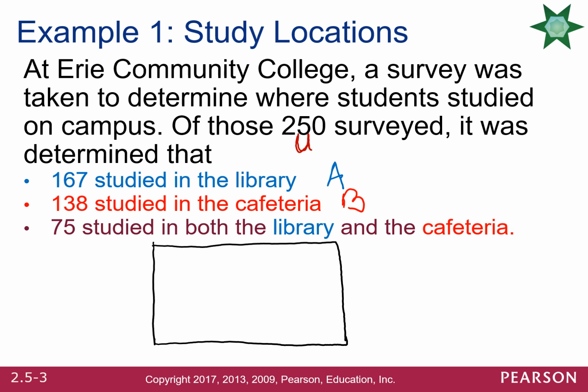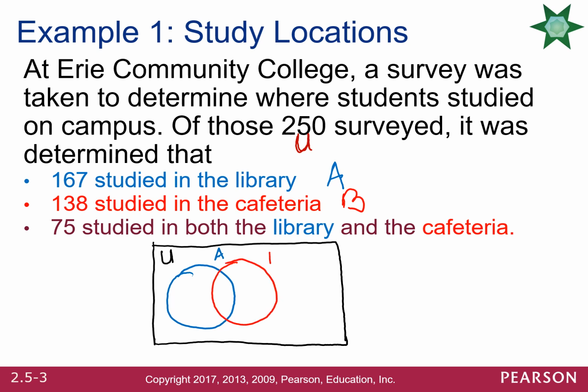So again, this rectangular area contains the universe of values, and within this universe, there are two sets. One is A, so let me draw one circle and name that A. And then there is set B, which consists of those studying in the cafeteria.